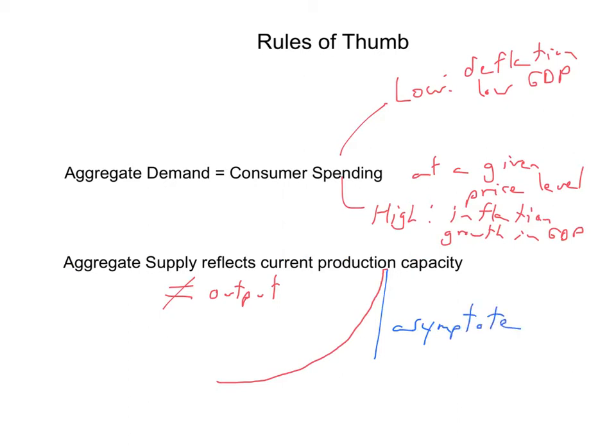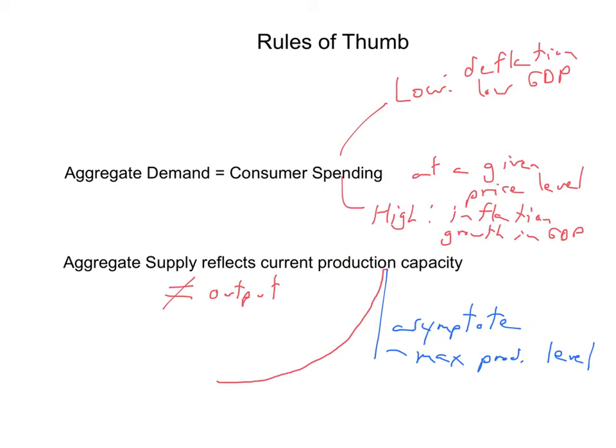Asymptote, this line, this amount of production that it's going to get closer and closer and closer to, but never quite going to reach, because there is, well, it's not really an asymptote, but it's enough like an asymptote for us. Okay, because this is the maximum production level, at least in the short term. Right, in the long term, we can increase our capacity, but in the short term, well, it takes a lot of doing, right? Building more factories and digging more stuff out of the ground and stuff like that.